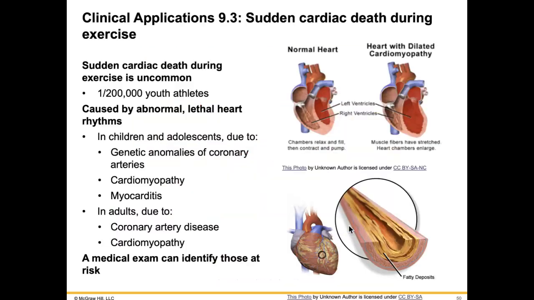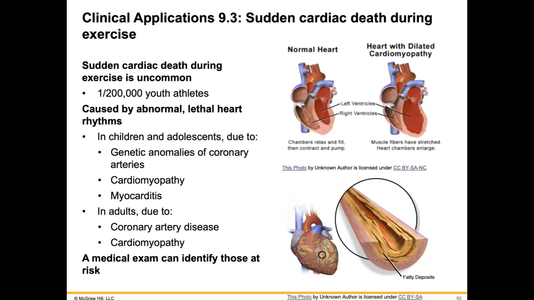And our last clinical application is on sudden cardiac death during exercise. This is uncommon. It happens in about 1 in 200,000 youth athletes, and it's caused by abnormal lethal heart rhythms.